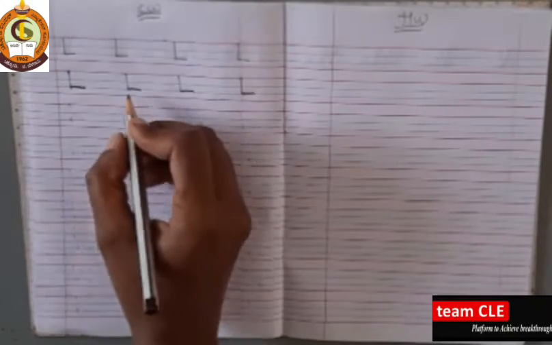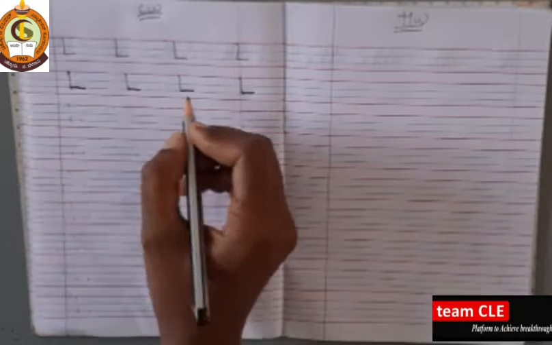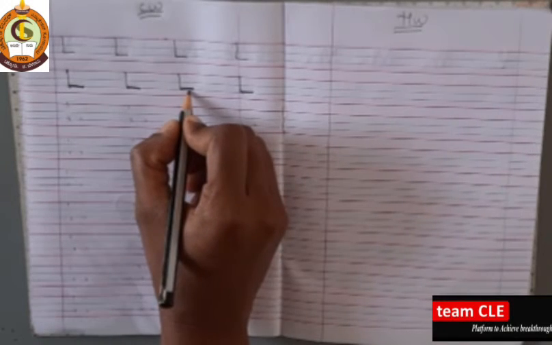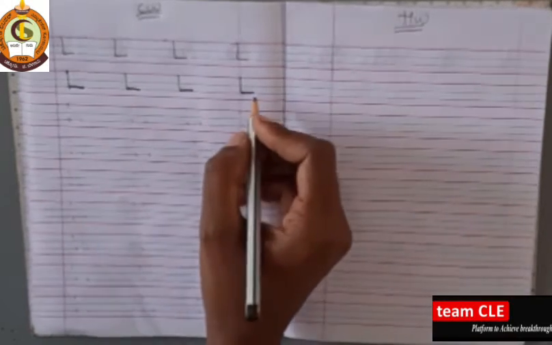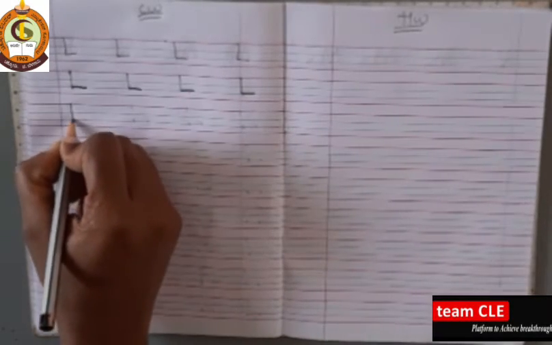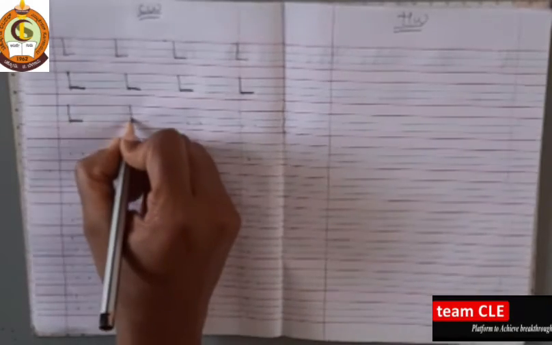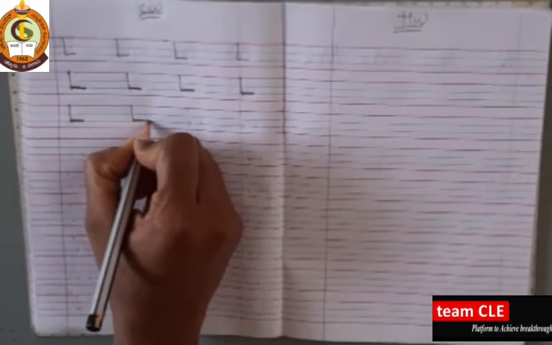Letter L. L for lion. L for long. L for leap. L for lap. Okay. You have to say the word and you have to write it. Next. Standing line, sleeping line. L for lion.